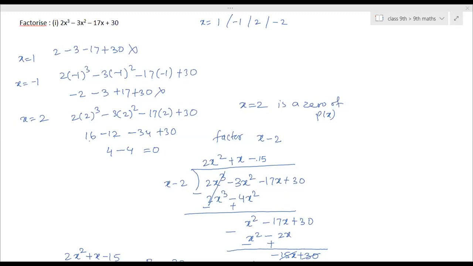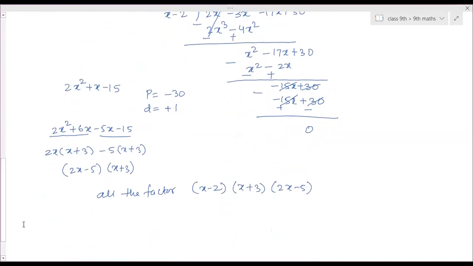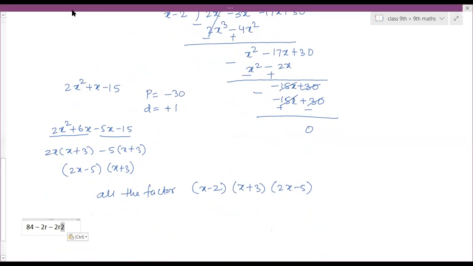Yes, ma'am. The 23rd, fourth question, factorization, the fourth part. Tejasvi, did you get this question, the 24th, first one? Yes, ma'am, I got it.